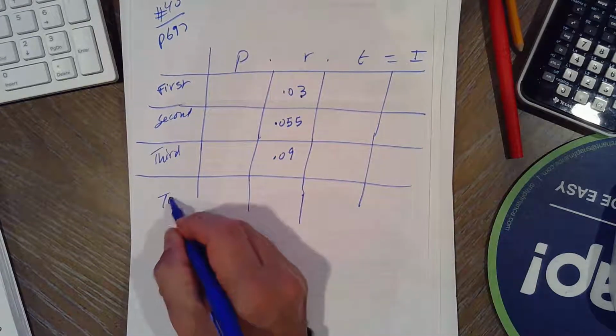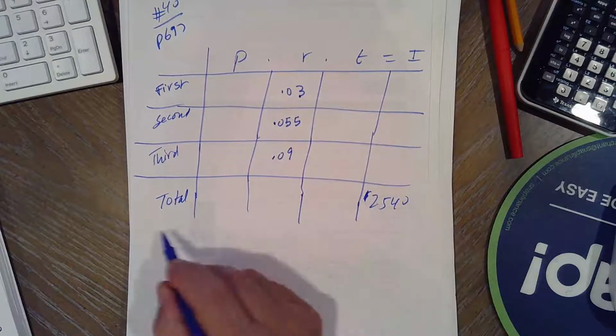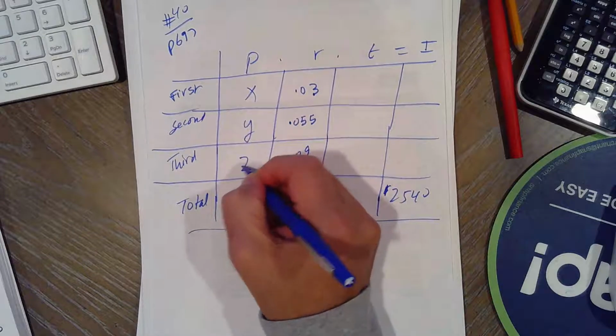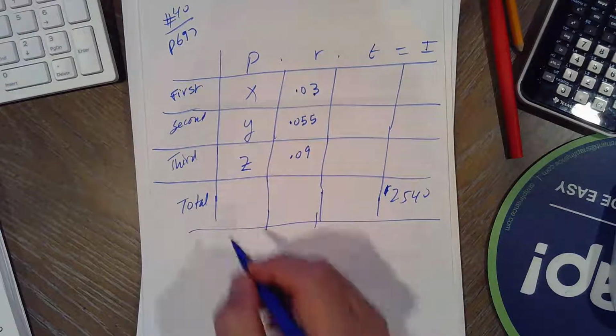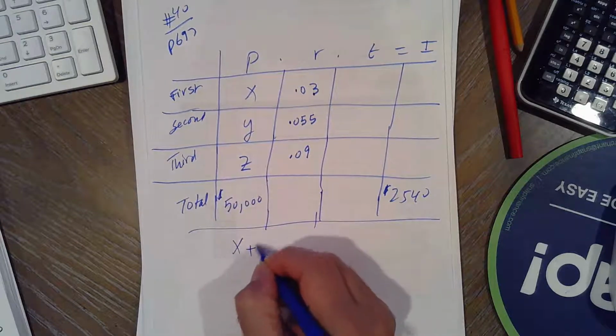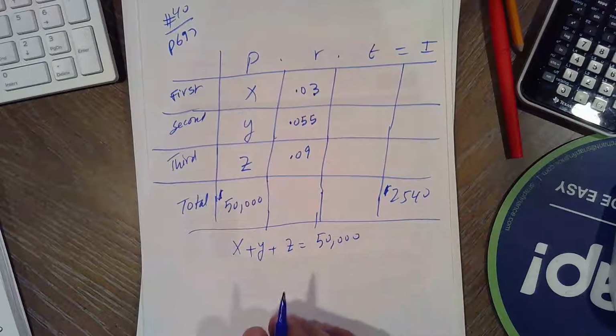So the total, she wants 2540 from the interest. That's what she wants. So how much should she invest in each account? And she has 50,000 to invest. So x plus y plus z, the total amount invested, is 50,000.